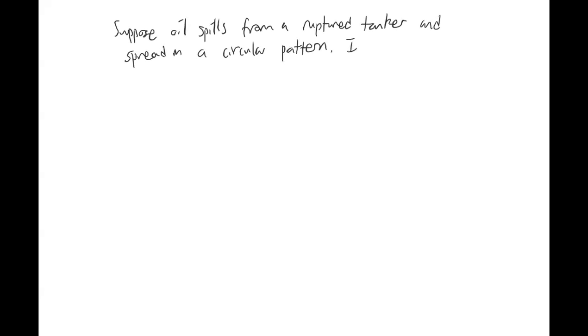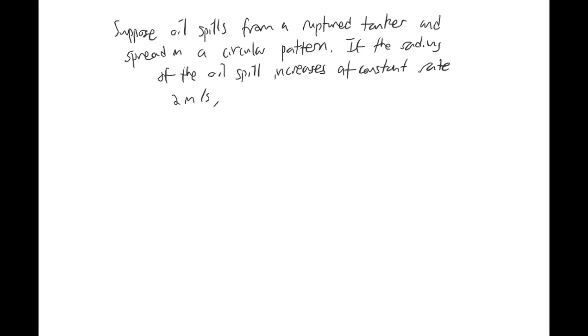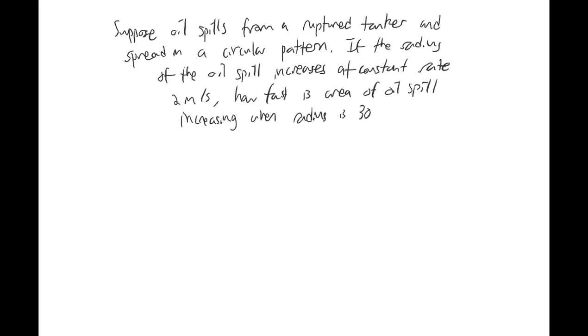If the radius of the oil spill increases at a constant rate of 2 meters per second, how fast is the area of the oil spill increasing when the radius is 30 meters?